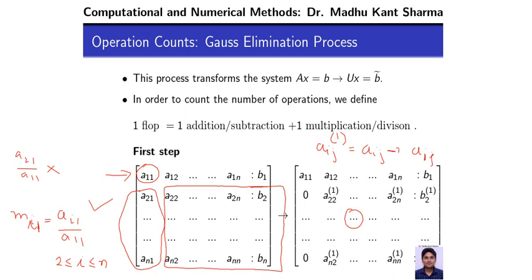Similarly for b: for the ith row, bi is updated as bi minus mi1 times b1.